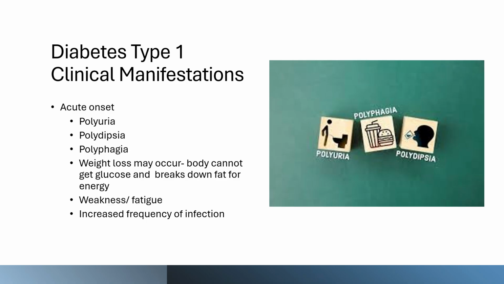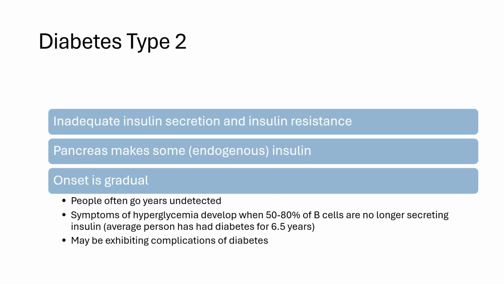They have weakness and fatigue due to the cells' lack of energy from the glucose. They have an increased frequency of infection. So these are usually the clinical manifestations that you will see with a type 1 diabetic.